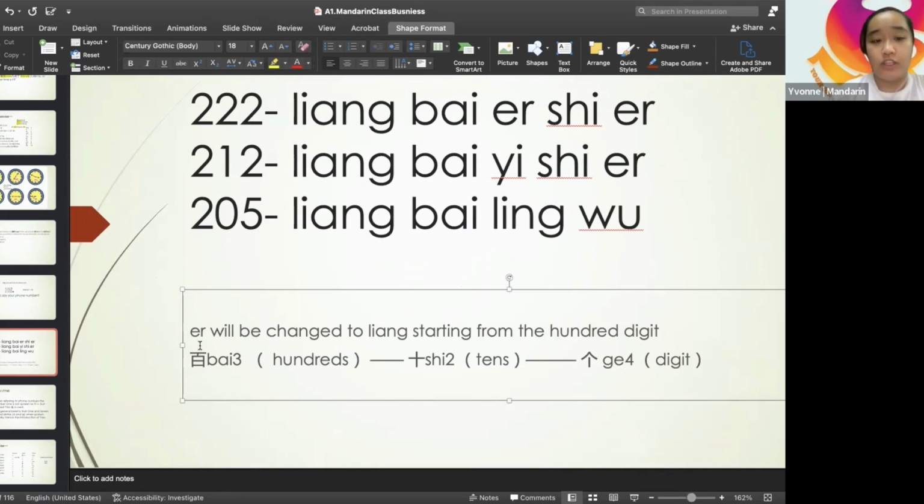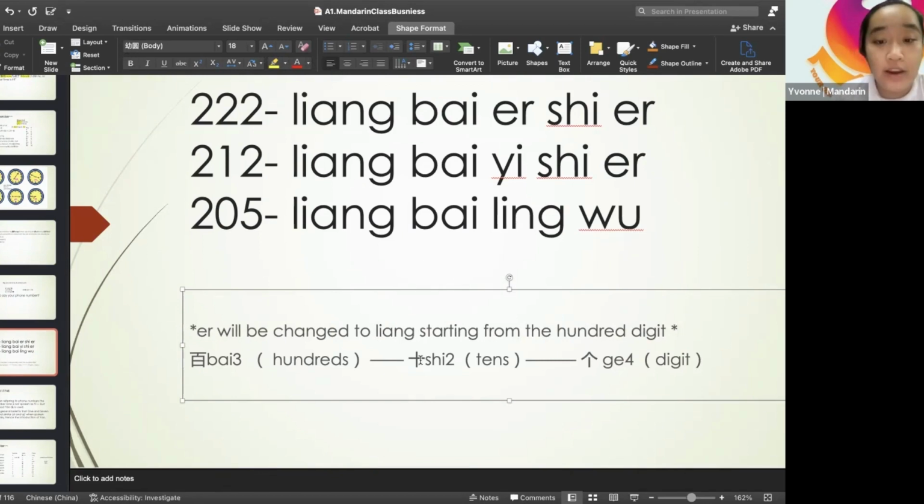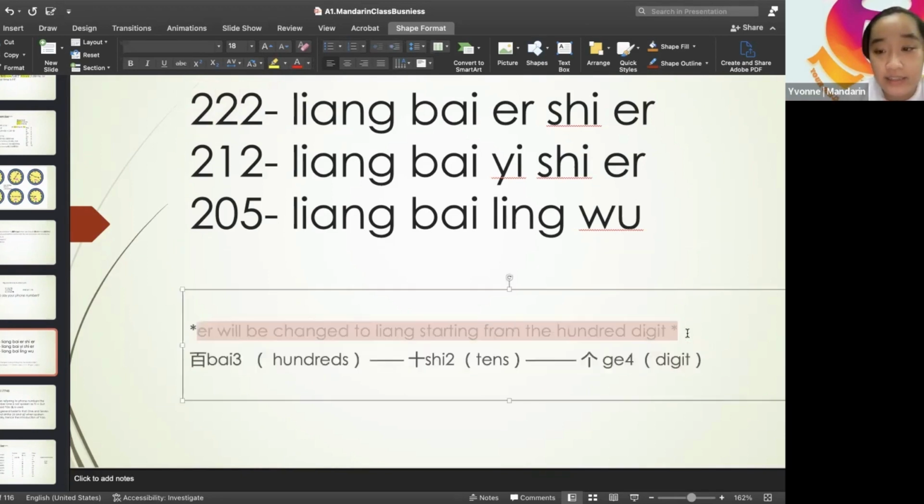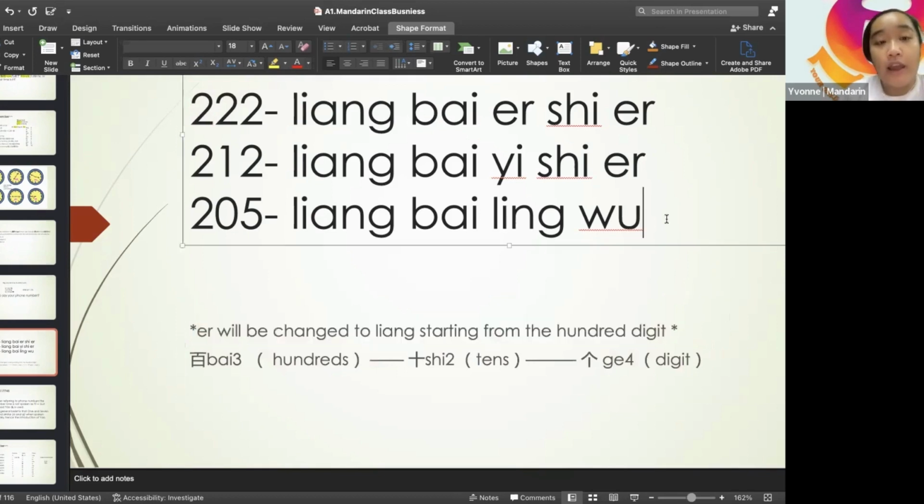Starting from the 100 digit. Here, in the tens, 22 is still the same, 22. But starting from hundreds, it is 两, not 二. Okay, I think this is how you do it already.